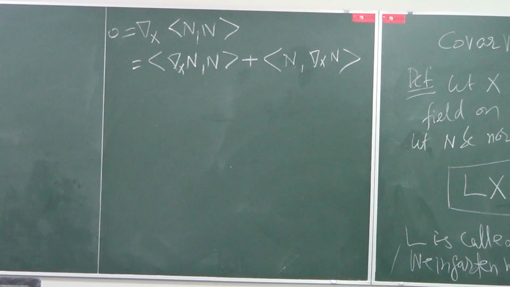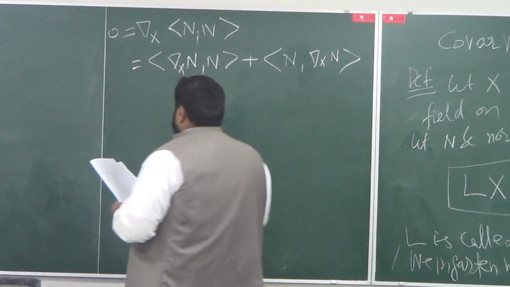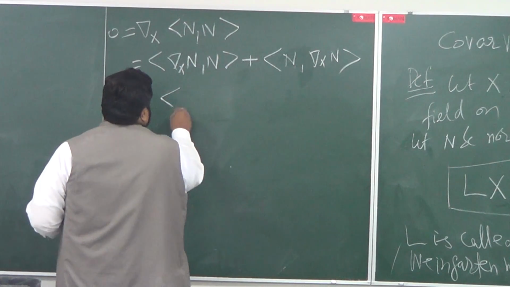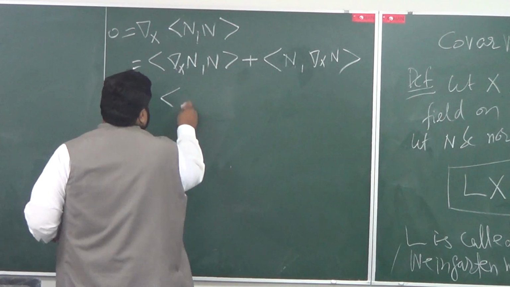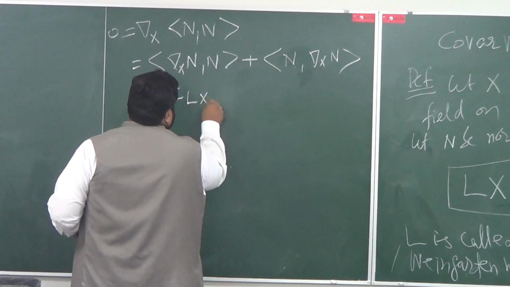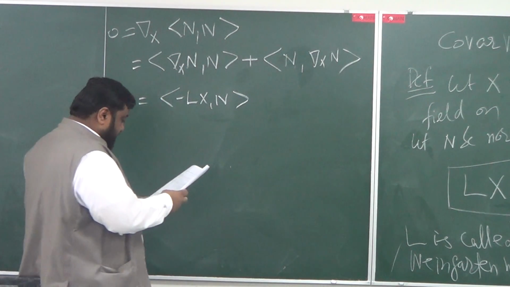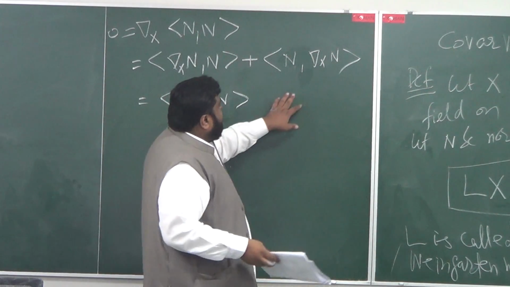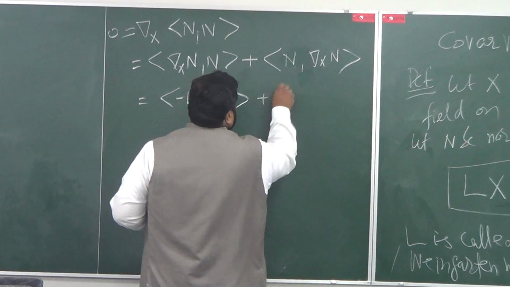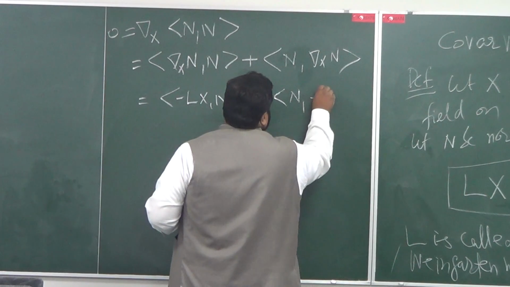Is it making sense? But what is del x of n? I can say that this is the same as minus Lx. So this must also be n, minus Lx.